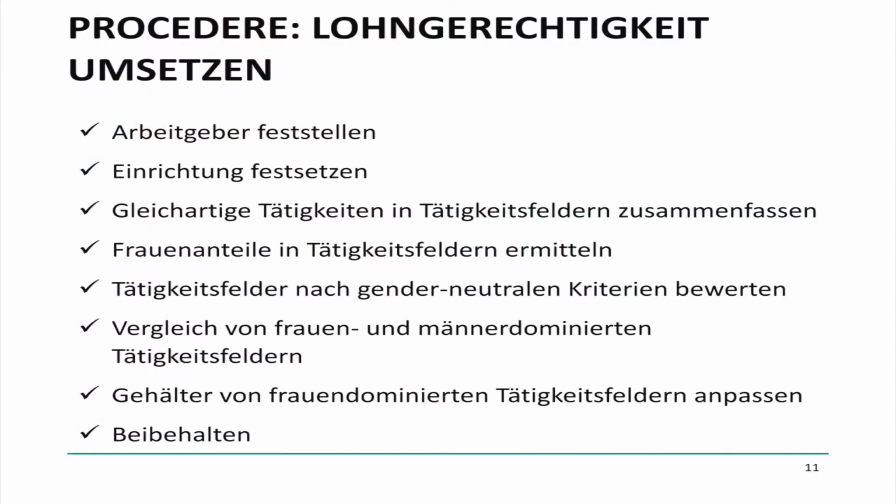You must then group similar jobs, similar positions, into these job classes and determine their gender. You have to go through an evaluation system, a comparison, adjustments, and then you have to maintain your system so that you make sure that these gaps do not open again.